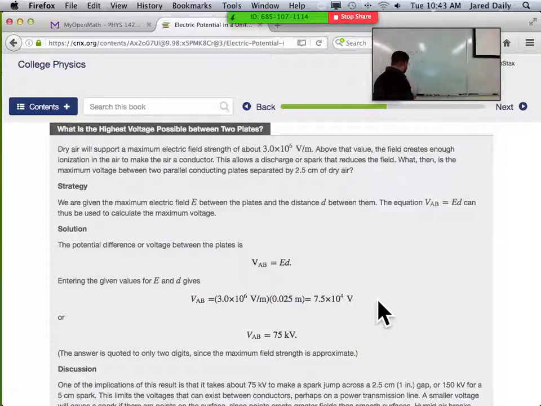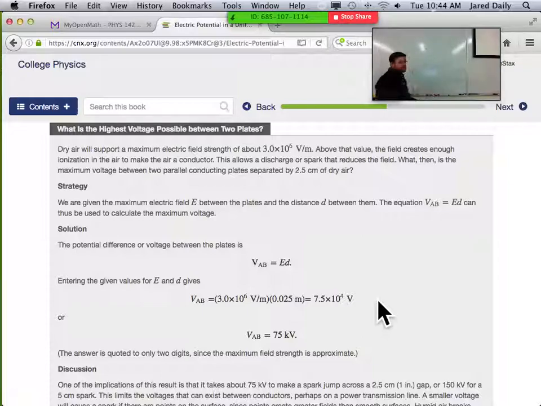That's another unit for electric field, volts per meter. So 3 million. 3 times 10 to the 6 volts per meter of electric field. That's our E.